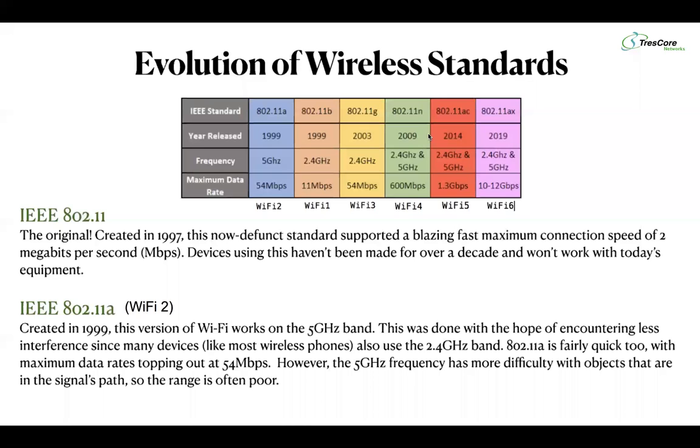So if you have a mix of 2.4 gigahertz and 5 gigahertz devices, you can support both of them. You can have two separate bands: the 2.4 gigahertz band can support all those old devices, and all the newer devices can use the 5 gigahertz band. Okay. So before we go on to the AC and the AX, there's one more, AXE, that is coming up.